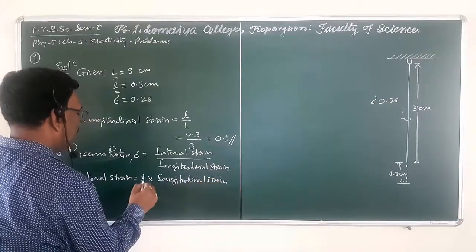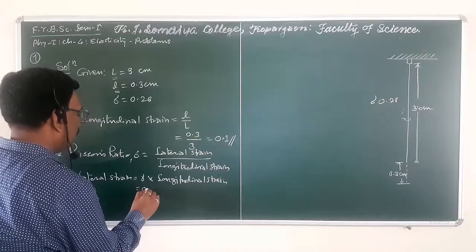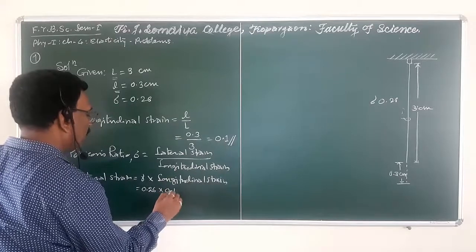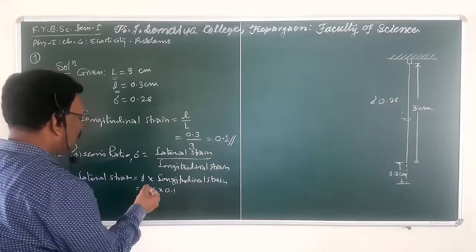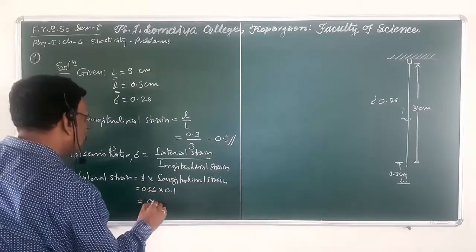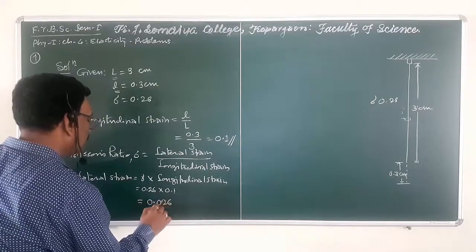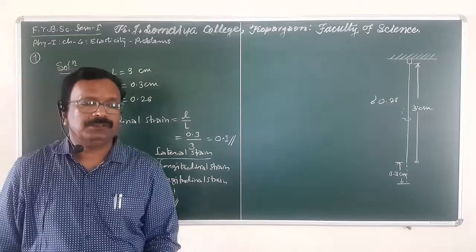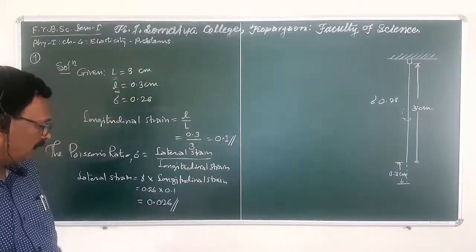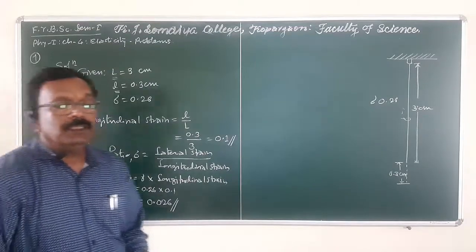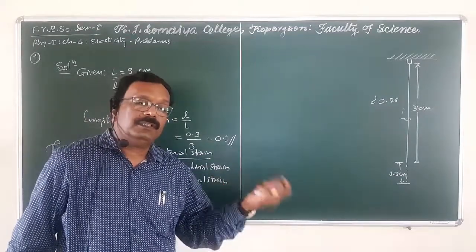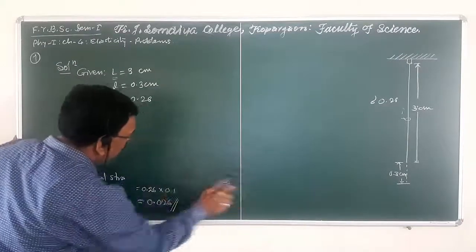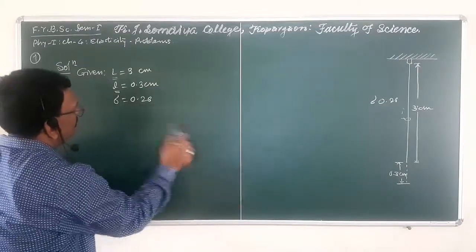Okay. Then substitute the value of sigma, that is 0.26, and longitudinal strain is 0.1. Simply solve this term. We have 0.026 is the answer. 0.026.